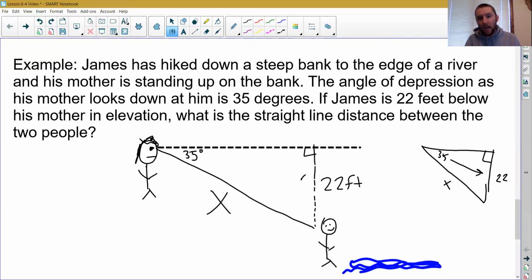So I know the opposite. I'm looking for the hypotenuse, right? So this is O and H, opposite and hypotenuse. According to SOHCAHTOA, SOH, sine goes with opposite and hypotenuse, right? So I set up this little equation. The sine of 35 is equal to 22 over x.